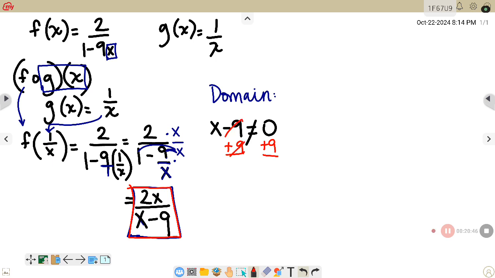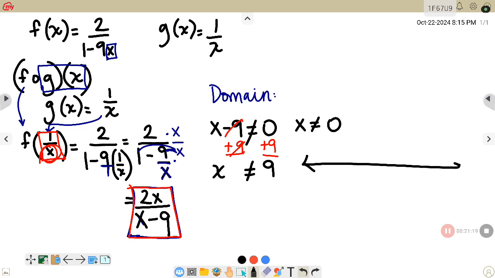So this tells me that x cannot equal 9. And the other place that you look is what you plugged in to get that last answer, which is the 1 over x. Its denominator also can't equal 0. And its denominator is just that x. So x cannot equal 9, and next x cannot equal 0.